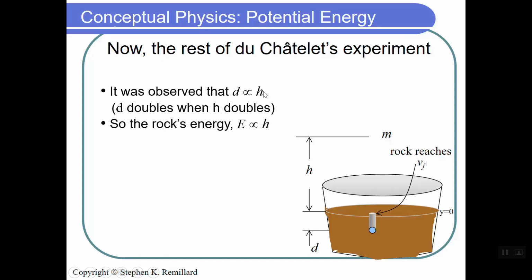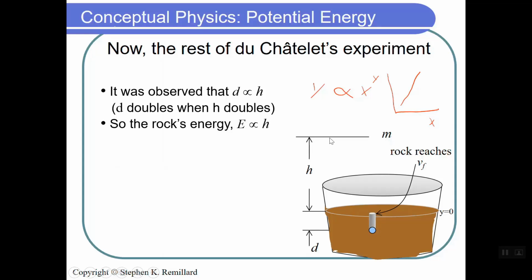This is a proportionality symbol. I don't know if you've seen that before, but you're going to see it now. That symbol means it's proportional to. So if y is proportional to x, that means a graph of y versus x is a straight line.